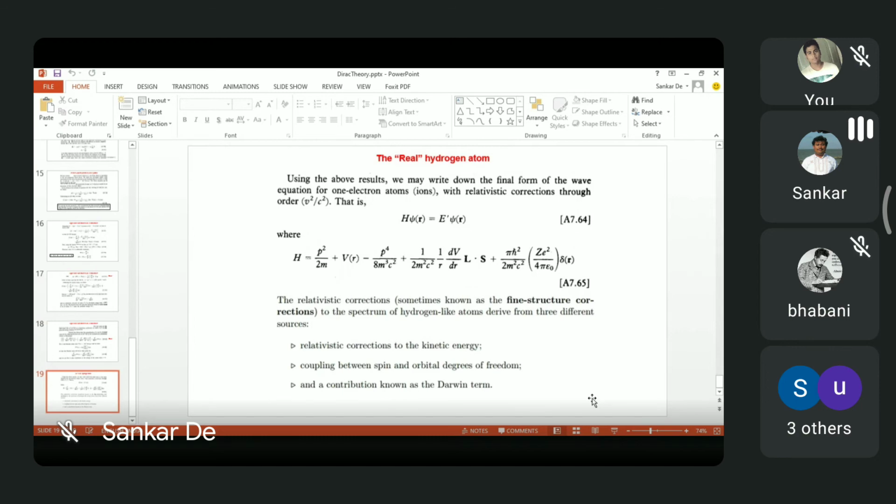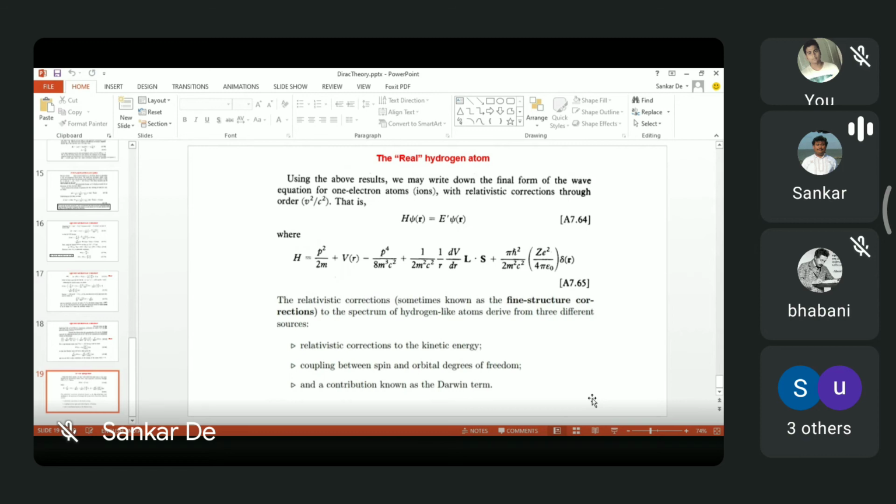So we finally got the relativistic correction, which is also known as the fine structure correction for the hydrogen-like atoms, where the corrections come from three different sources: one is the relativistic correction to kinetic energy, one is the coupling between the spin and the orbit degrees of freedom, and another term which is known as the Darwin term.